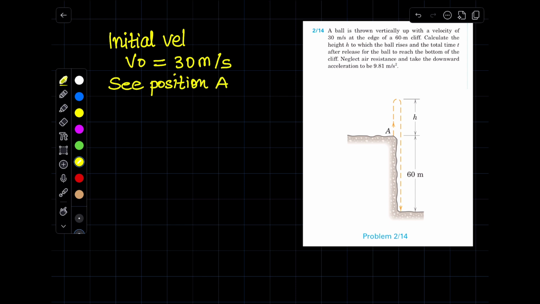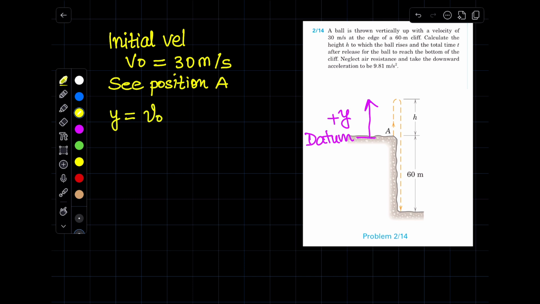The height of this cliff is 60 meters. So we have to find what will be the time required to reach this ball on the ground. And also we have to calculate the height h.